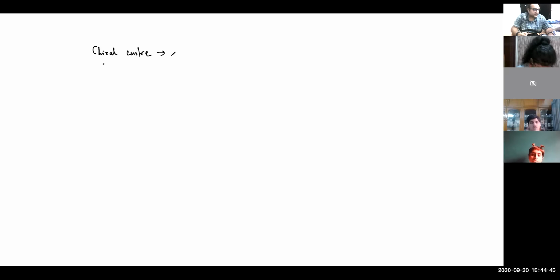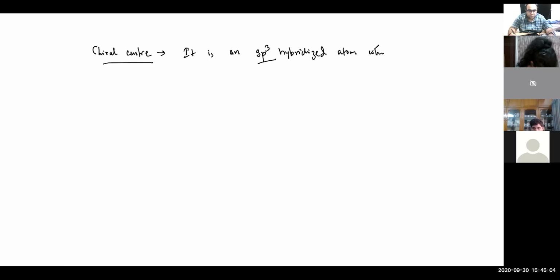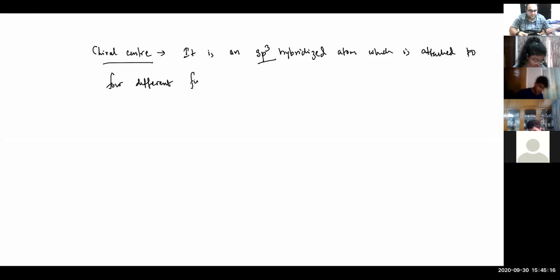A chiral center is an sp3 hybridized carbon. sp3 means how many bonds does it have? 4. Four bonds, which is attached to 4 different functional groups.